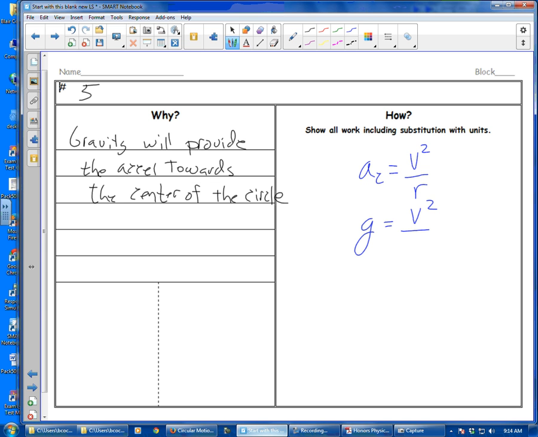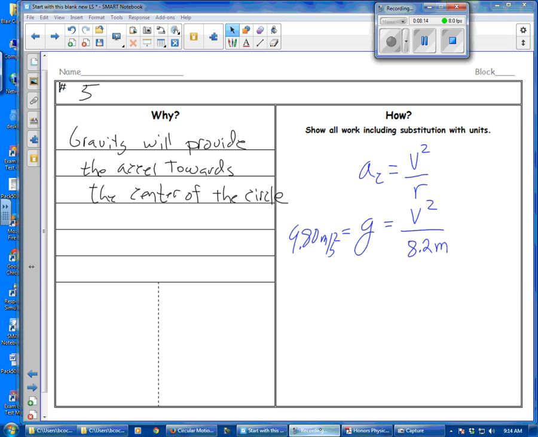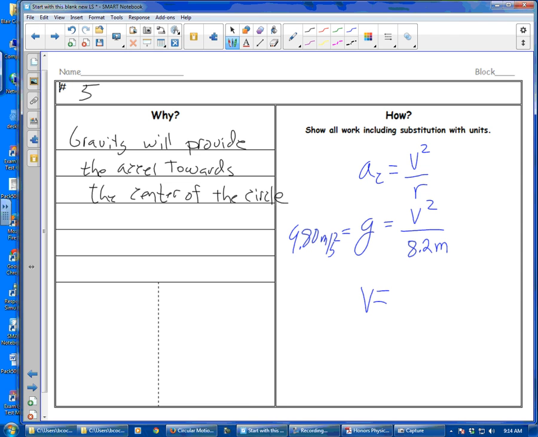So v squared over r, where r is 8.2. We can also, for g, put in 9.80 meters per second squared. And then you have one equation, the only variable you're left with is v. Most common math mistake will be forgetting to square root your answer. You'll get an answer for v squared, and you'll put that in rather than doing the square root and finding v. So be careful of that.